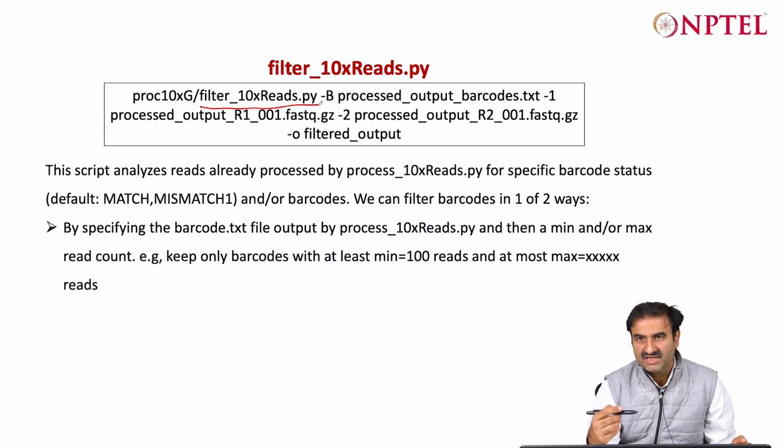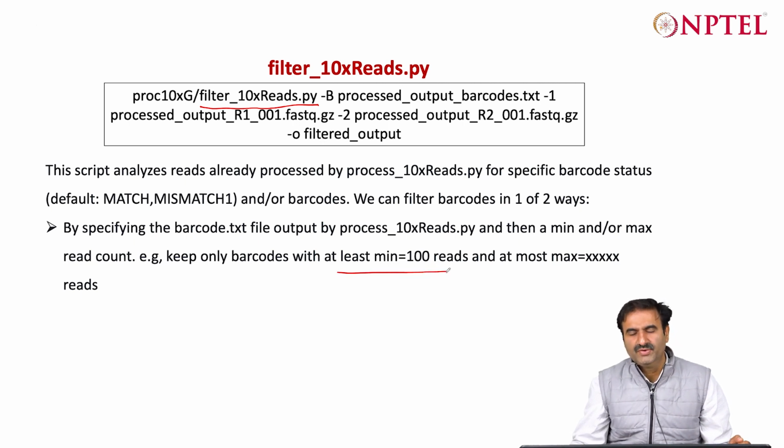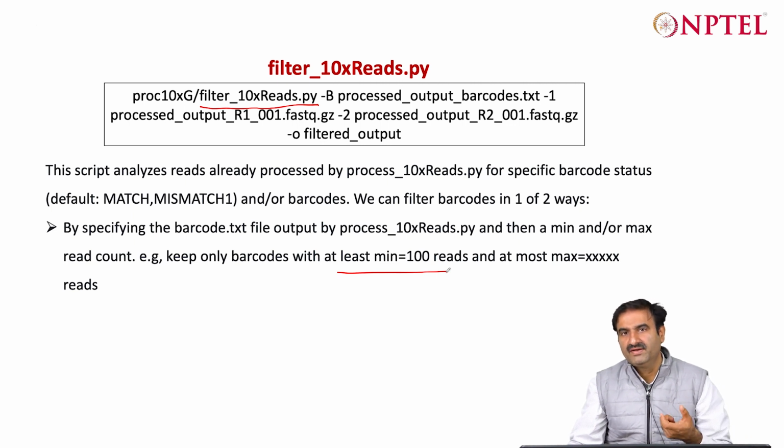The initial file that we processed earlier will be used, and in this one you can specify, for example, that at least a minimum of 100 reads should be there. You can specify a lot more, but if you think something is a barcode, and it is ambiguous or unknown, then it should be present in at least 100 reads. If it is not present in 100 reads, it may be a random sequence or not a true barcode.